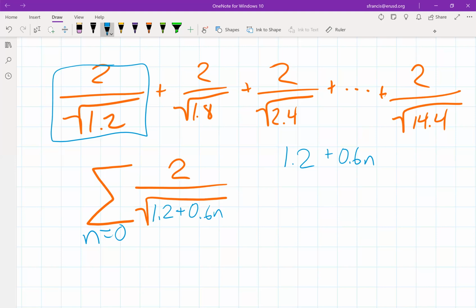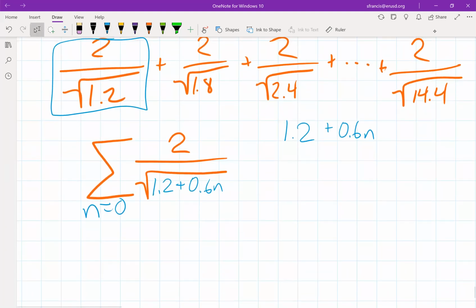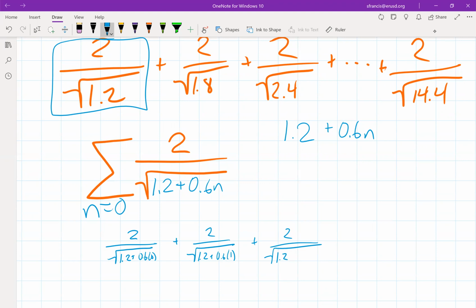Now, I know we have to stop it somewhere, so I'm not finished yet. But what do I want to show you here? If I plug in 0 for n, I'm going to get 2 over root of 1.2 plus 0.6 times 0. Then if I continue on to 1, 1.2 plus 0.6 times 1, plus 2 over, and if I put in 2, and then it's going to continue.